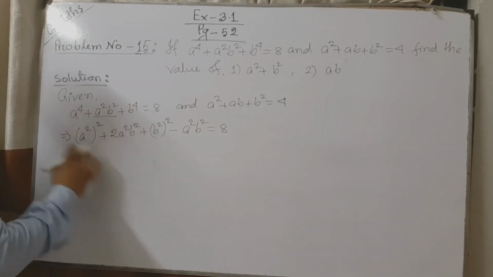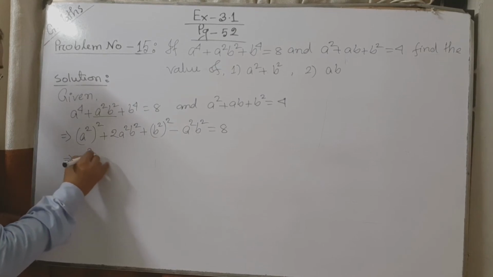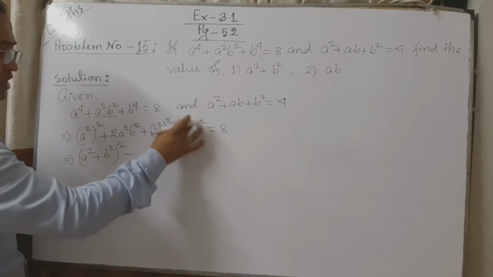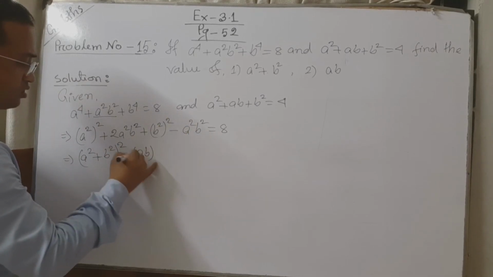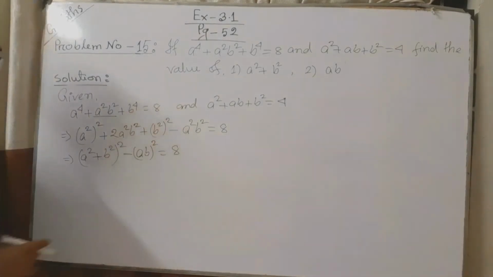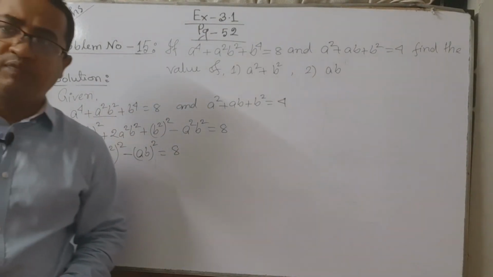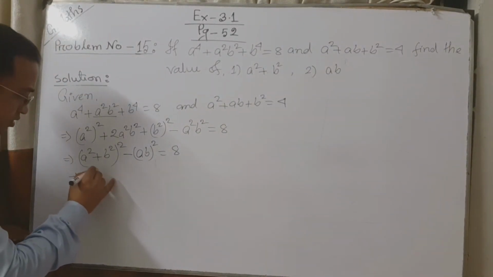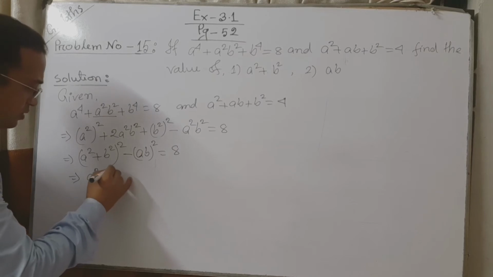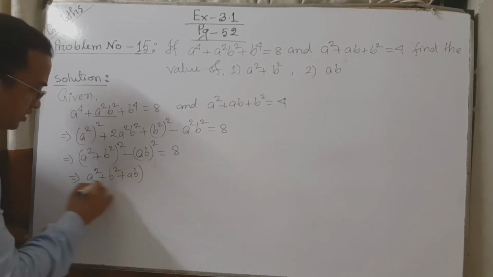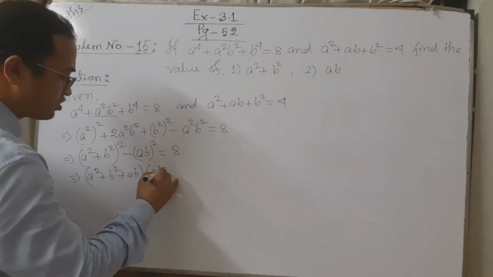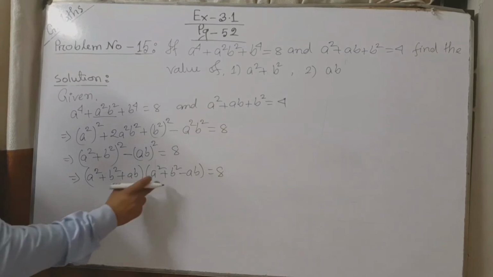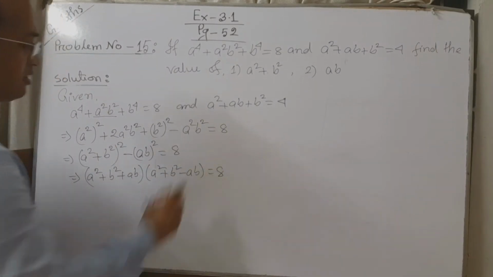Now it becomes a formula, that is a plus b whole square, and we can write like this, (a square plus b square) whole square minus (ab) whole square equal to 8. Now again it becomes a formula, a square plus b square plus ab into a square plus b square minus ab equal to 8.